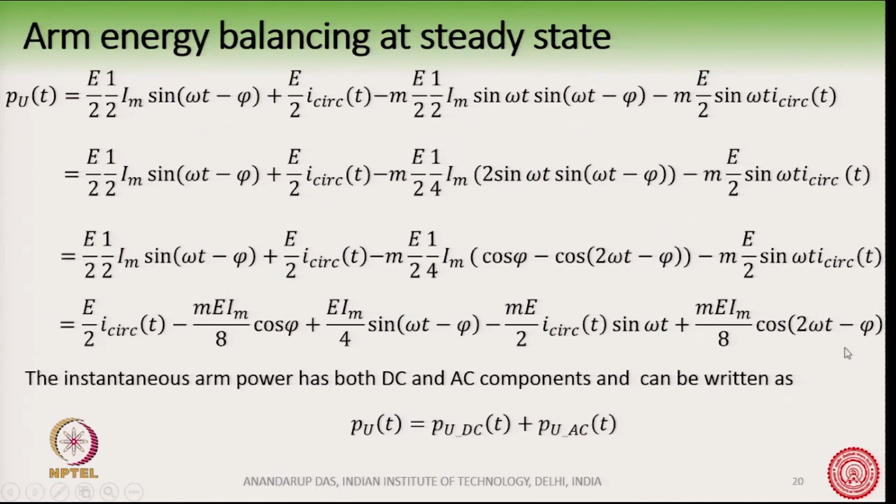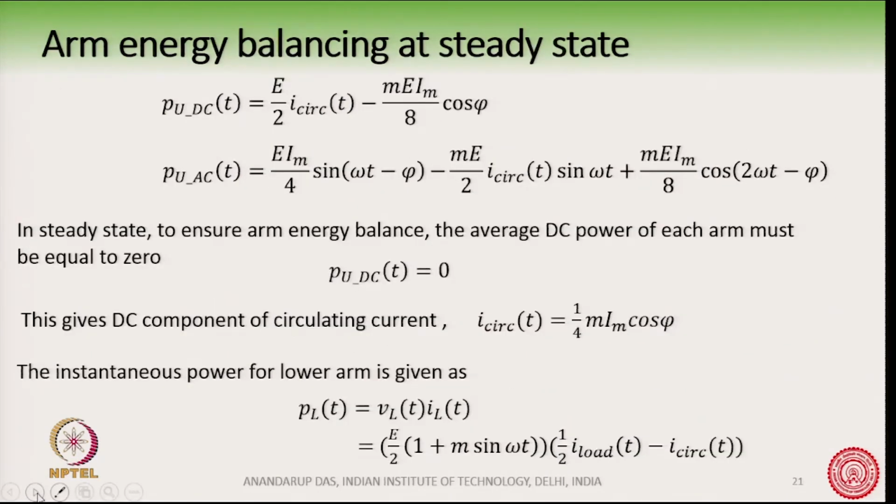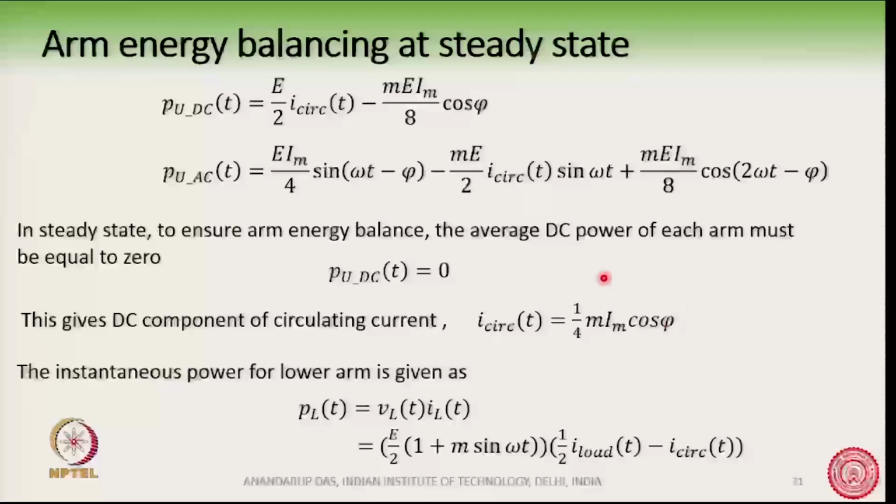Now, when we had expanded, as it is now shown in this expression of upper arm instantaneous power, we found out that there was some second harmonic component. Here we have shown the DC component, the average component of the arm power should be equal to 0, and that gave us the expression of the DC component of the circulating current.